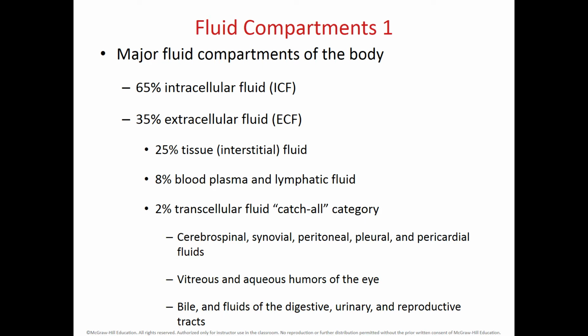So we have fluids within the CSF, the synovial fluid, and the peritoneal, pleural, and pericardial spaces. And then we also have water within the eye, so we have the vitreous and the aqueous humors, and also a minor amount of water within the bile, and fluids found within the digestive system, urinary tract, and reproductive tract.